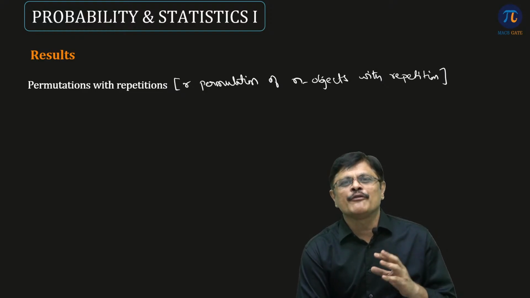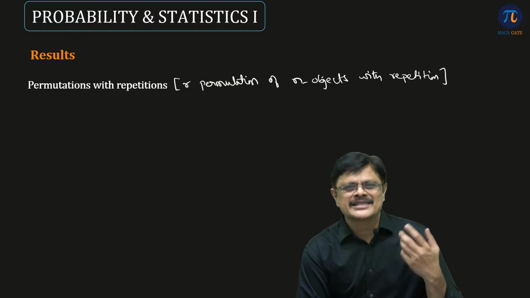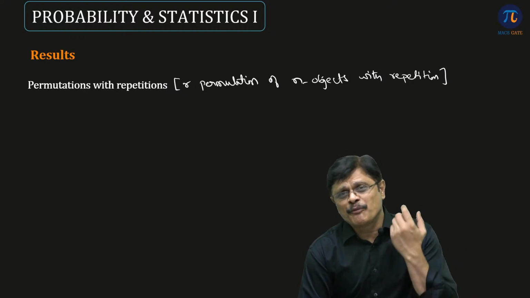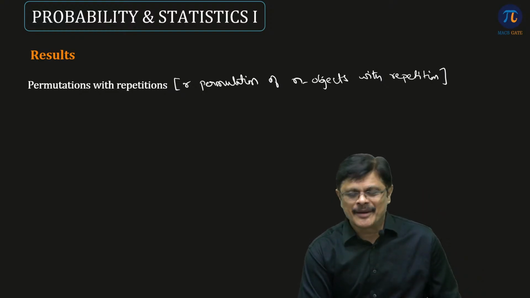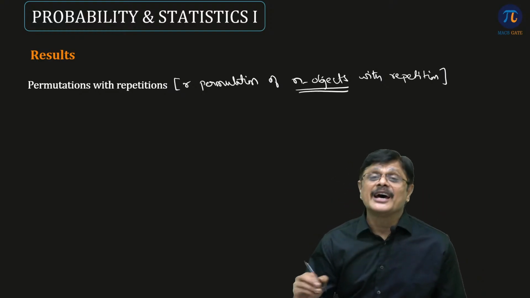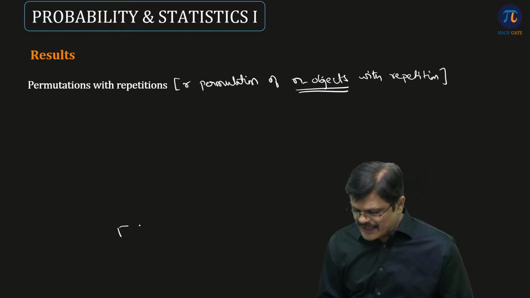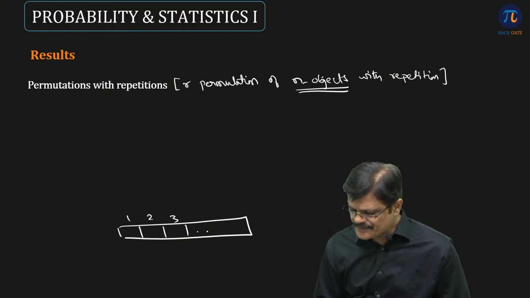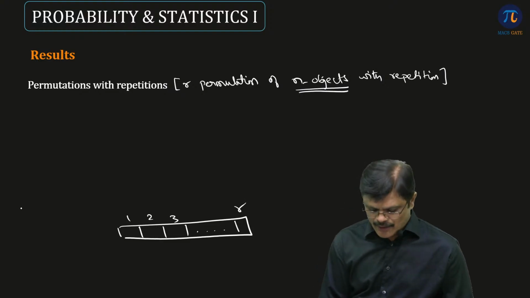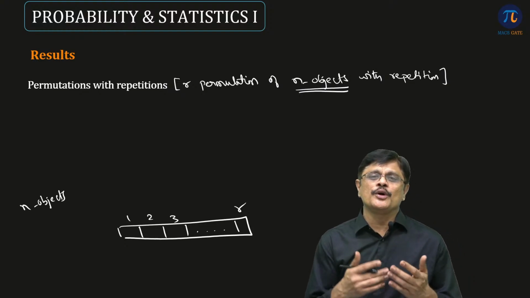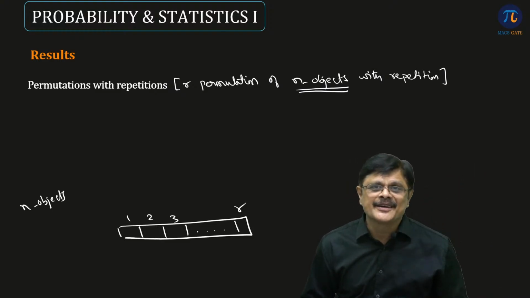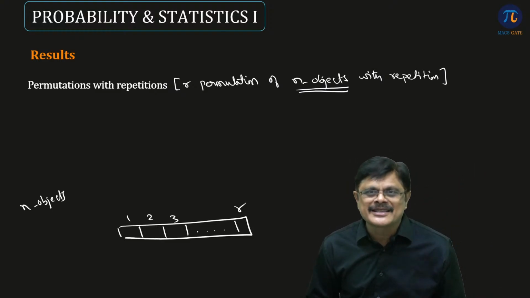Like, you are selecting 4 fruits from mangoes, oranges, grapes or something else. Maybe 10 types of fruits where each type of fruit is having unlimited supply. Am I clear? So here objects with a repetition. So you are making an r selection of n objects. Here these objects are like n types where each type is having unlimited supply.